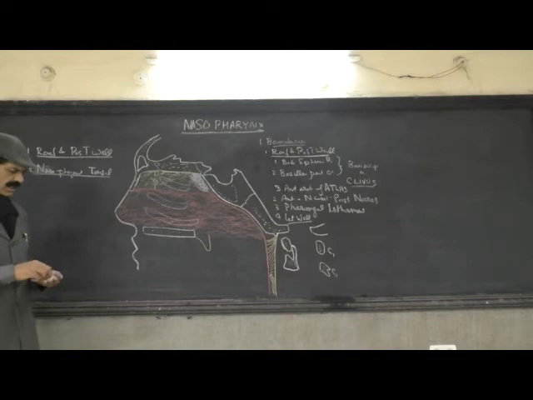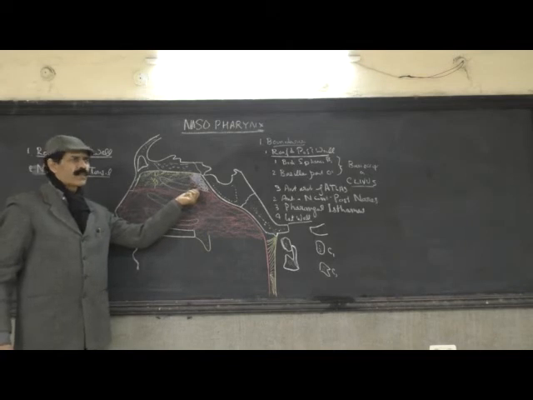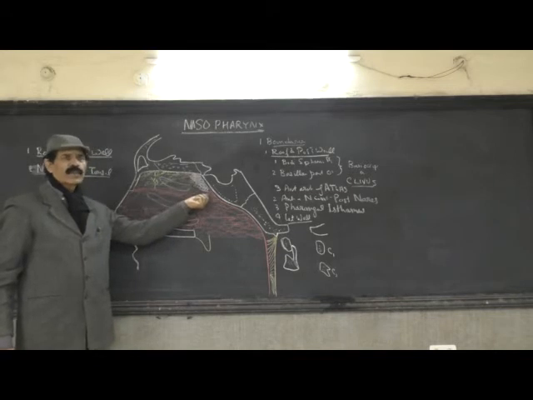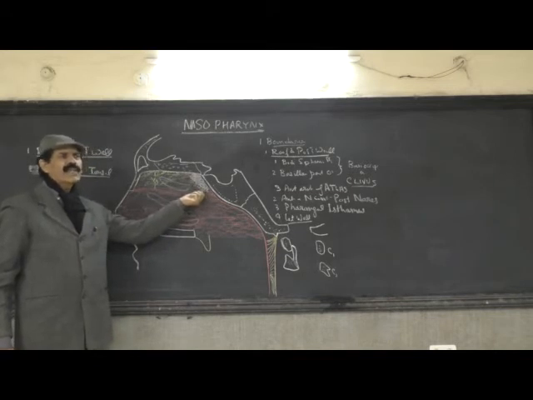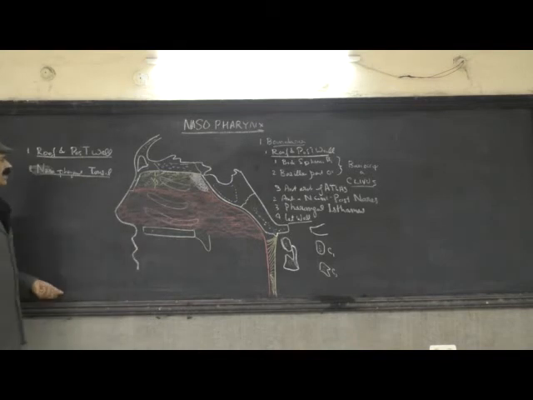And due to this, the mucosa is raised. In the upper part it is broad and in the lower part it is narrow. So it is a wedge-shaped elevation on the posterior wall of the nasopharynx. This is called the nasopharyngeal tonsil.